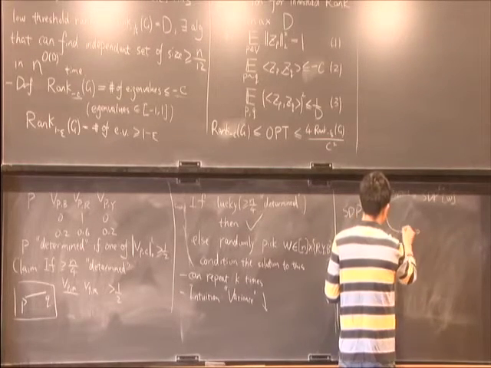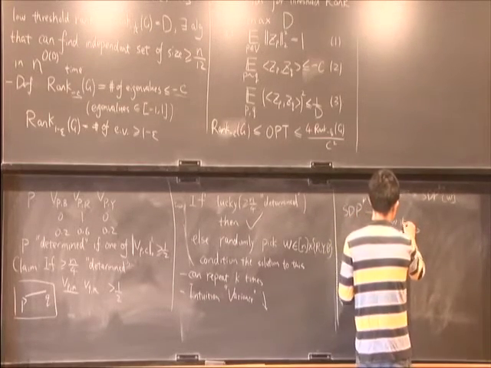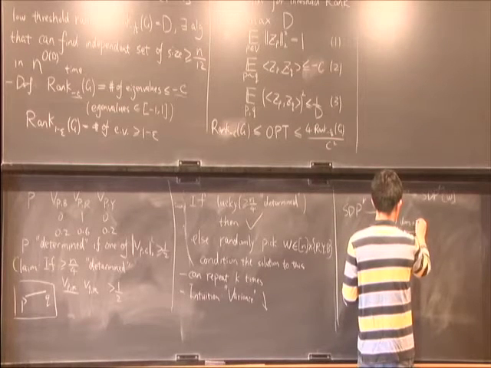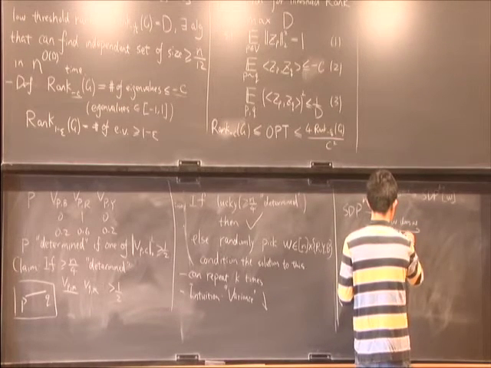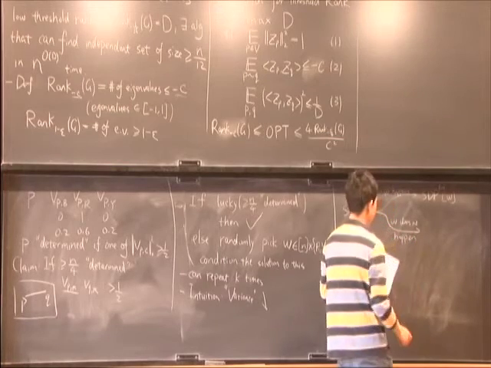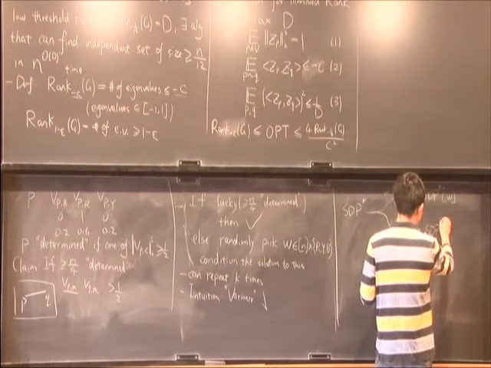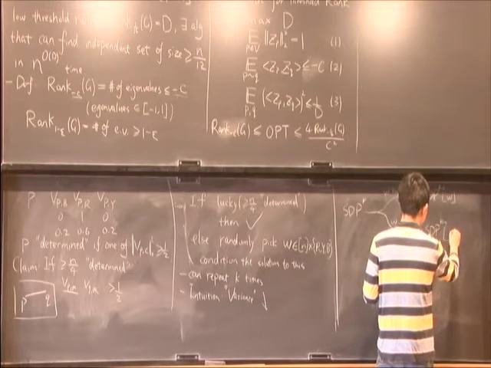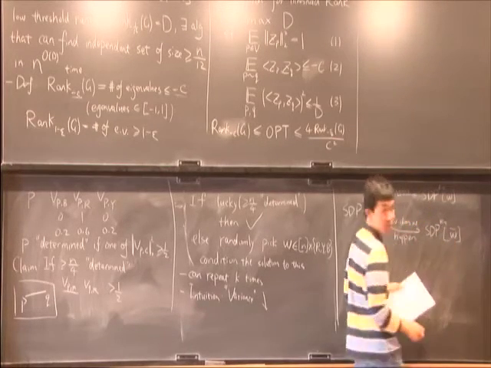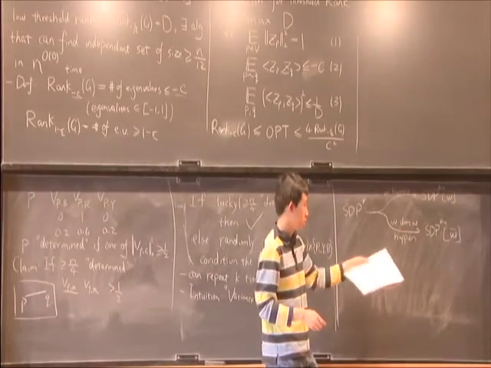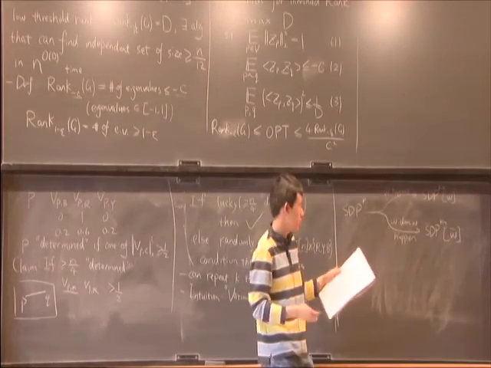Also, if W does not happen, you can get an SDP solution where W will never happen. These are all simple calculations.